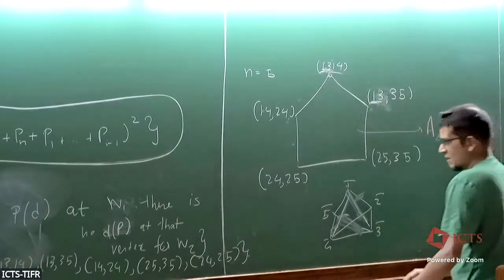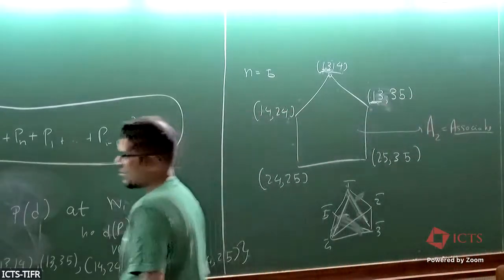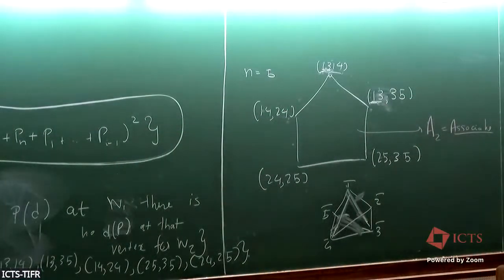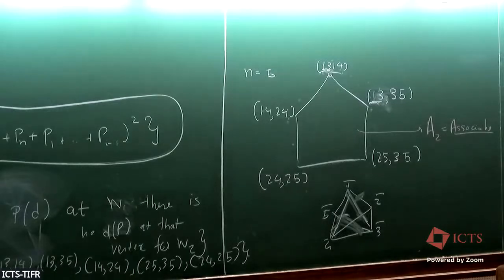Okay, but now we immediately get more interesting structures, because if I look at, sorry, maybe I deleted it. Yeah, here. So if I look at this, I'm missing something, but why is 1425 not non-colliding?